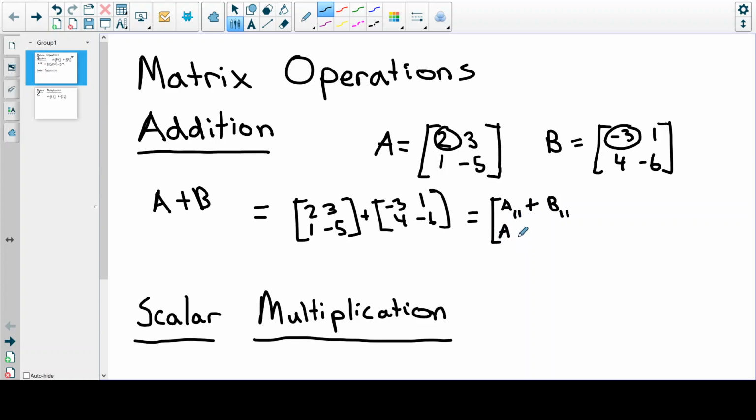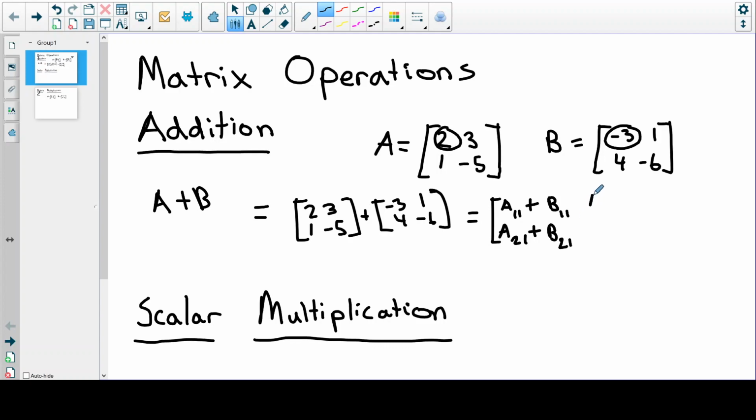This is A of 2, 1, second row, first column, plus B's 2, 1.